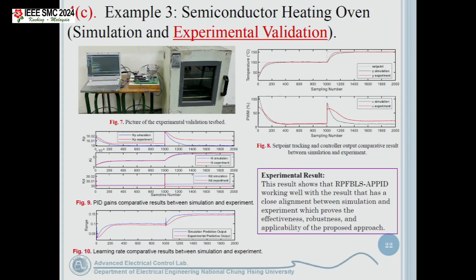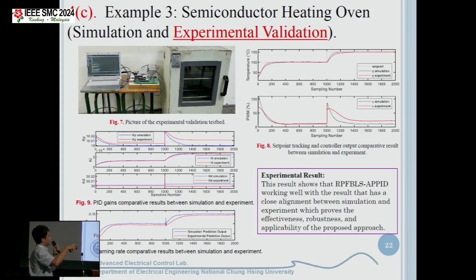Figure 8 here shows the set point tracking on the upper side and the controller output comparative result on the lower side, from the simulation study that I have done before, compared with the experimental result. And Figure 9 here is the PID gain comparative result, also from the simulation and experiment. And lastly, Figure 10 here is the learning rate comparison.